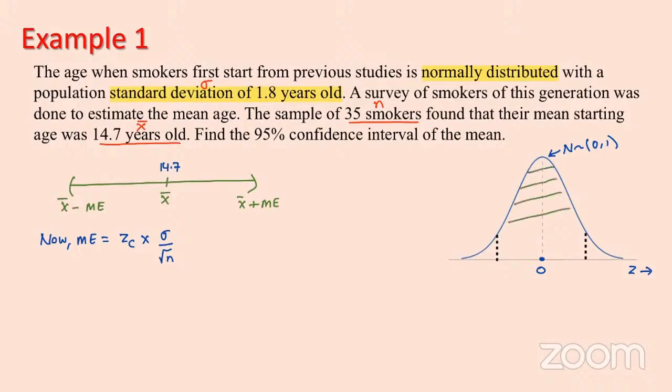This is 95% or 0.95. What is the remaining area? 5%. 5% is divided into two parts. 5 divided by 2 is how many percent? 2.5%. So that is 0.025, right?